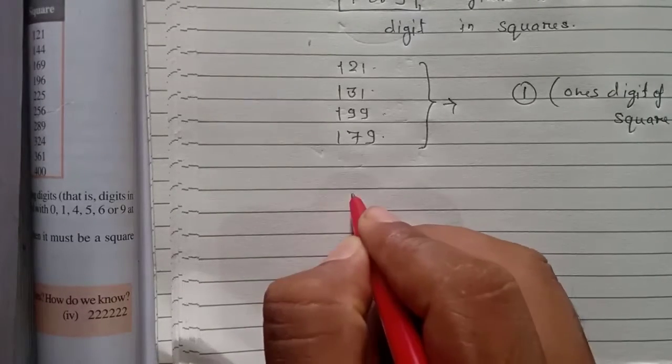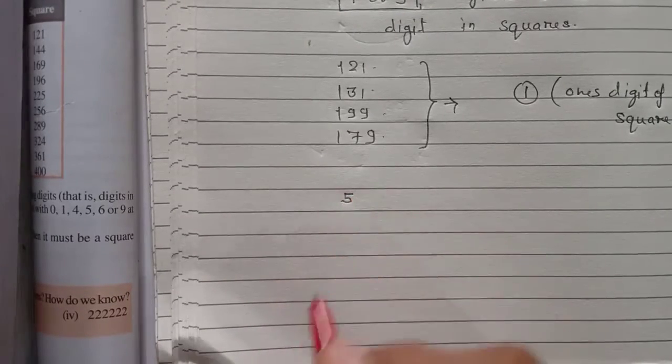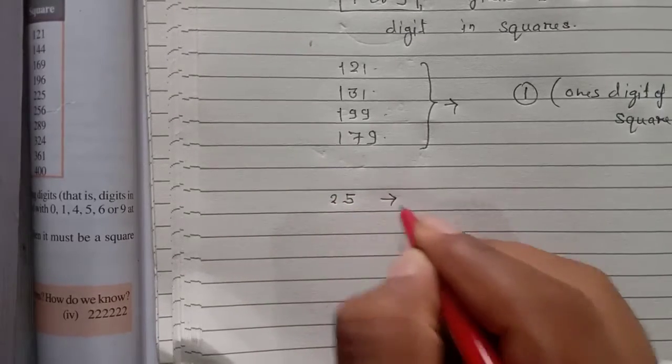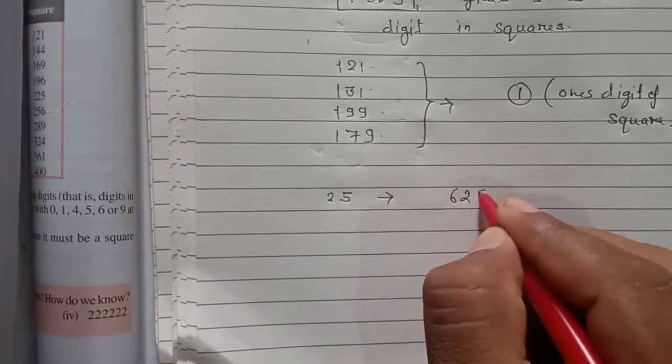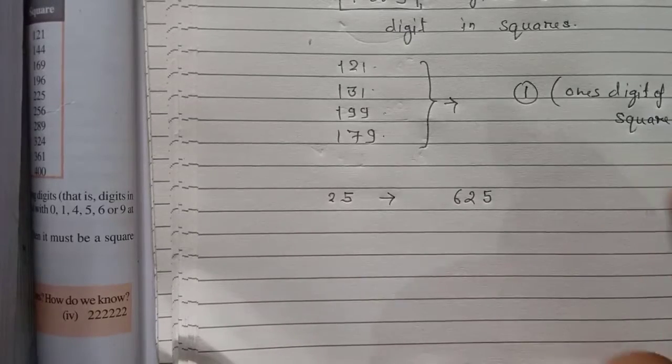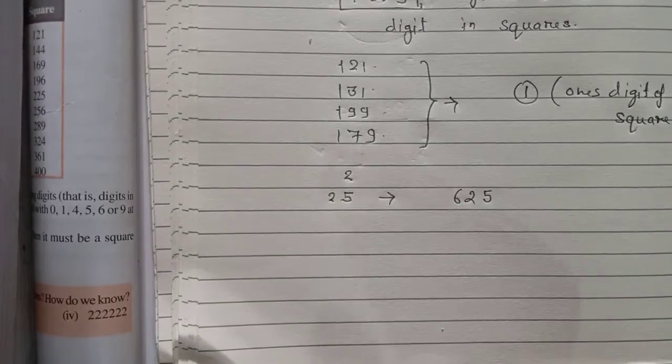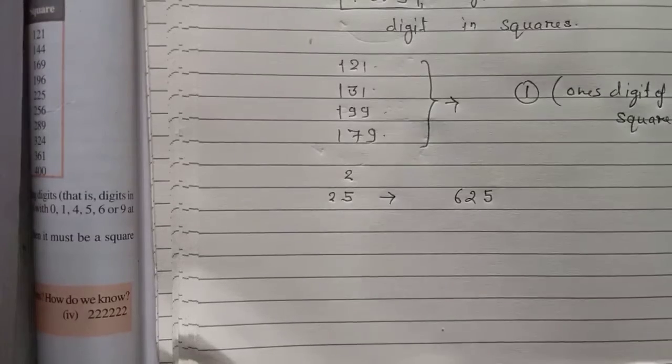Now you have 5. What if a number ends with 5? If you have 25 and the square of 25 is 625. It is very obvious here that if a number ends with 5, the square of the number keeps 5 as ones digit.